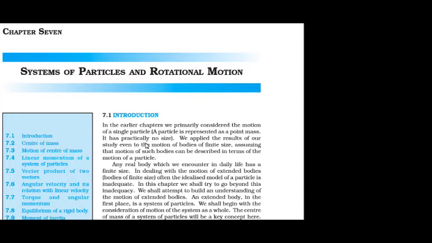It has practically no size. We applied the result to our study even to the motion of bodies of finite size, assuming that motion of such bodies can be described in terms of motion of a particle.